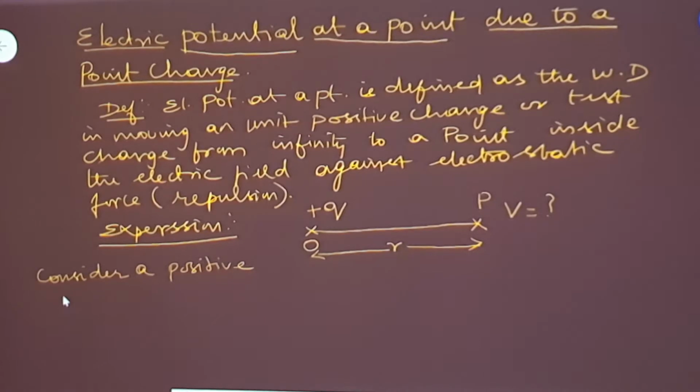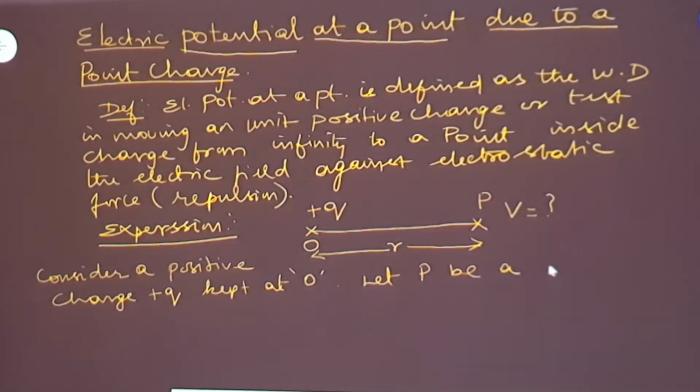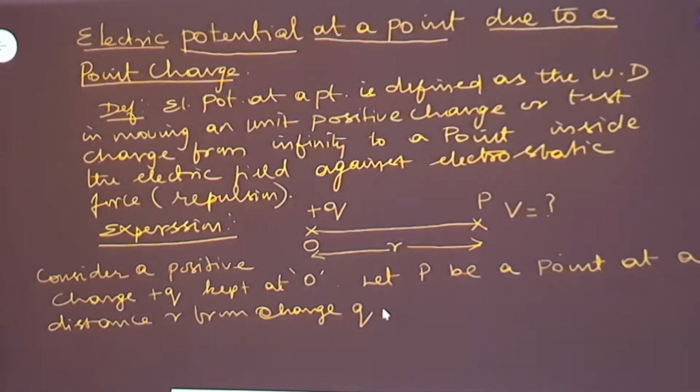Consider a positive charge, and let that positive charge be plus Q kept at the origin or kept at the point O. Let P be a point at a distance R from the point O, or we can say from the charge Q at O. Okay. So how to get an expression?